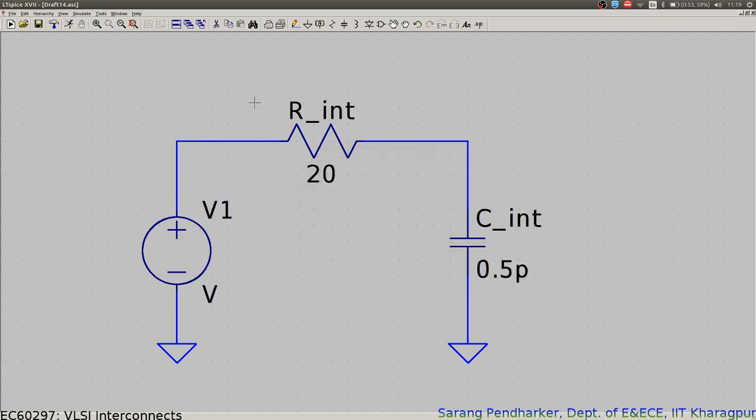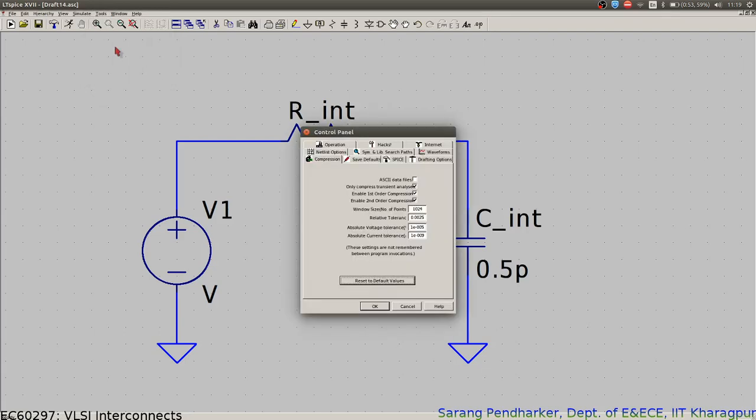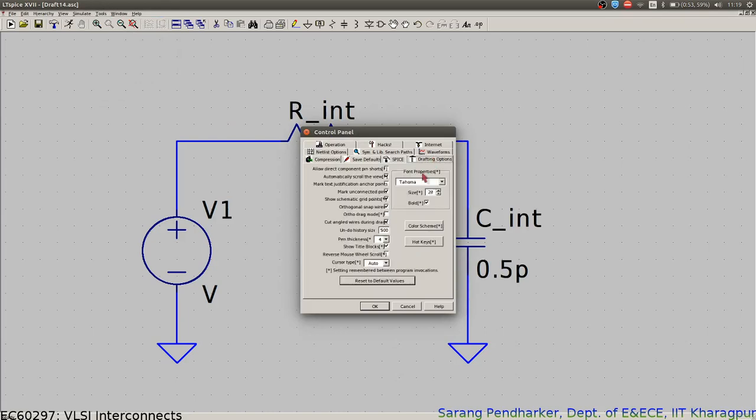For your window, if you are using the default values, your font size and everything will be very small. So for that, you go to the control panel. If you want to change the line widths and other properties of the drawing window, you can change it from here.